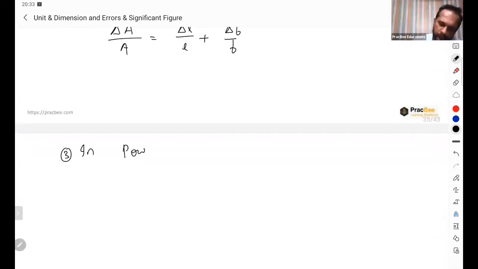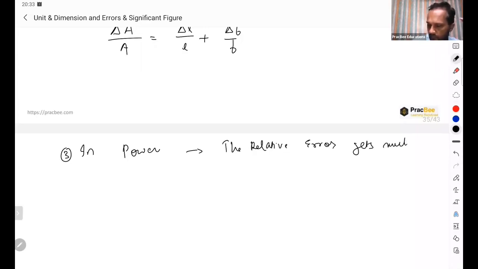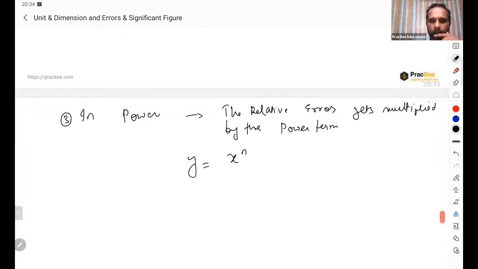In power, the relative error gets multiplied by the power term. What I mean, suppose you have y is equal to x to the power n, and x is 4 plus minus 0.2.